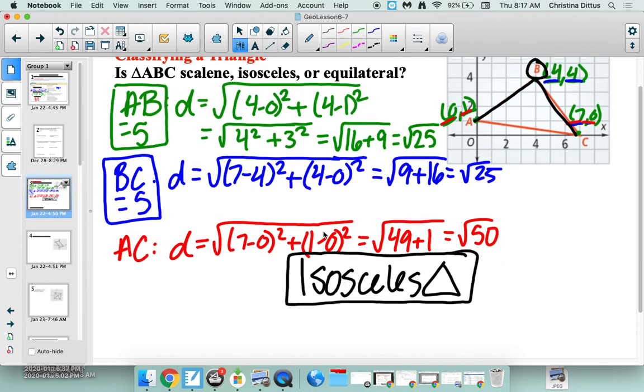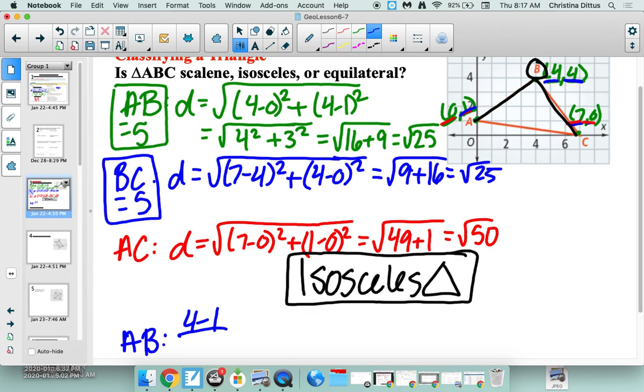Okay, let's look at AB first. If I look at the slope for AB, slope is y minus y over x minus x. So the y's are on top. What are my y's of AB? 4 and 1, good. So I'm going to go 4 minus 1. Slope is the only one where you have to have it in a certain order.